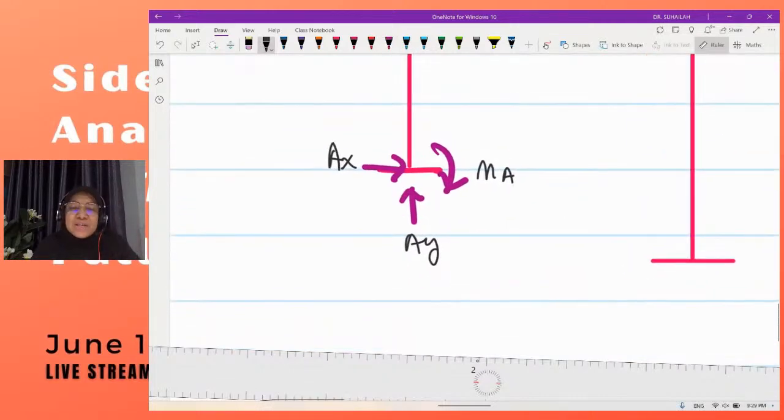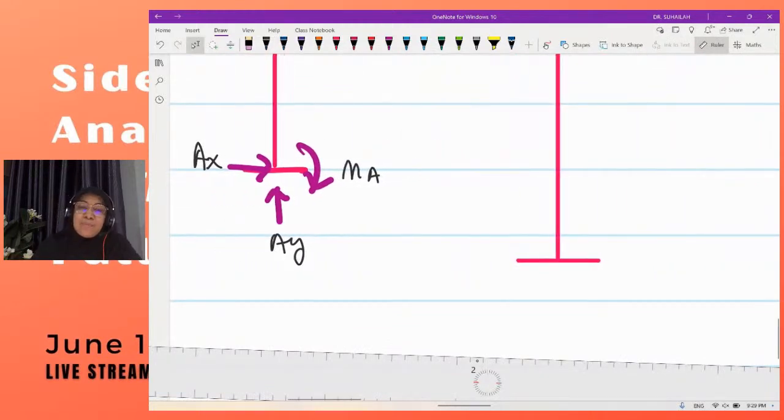Okay, reaction at the support. So we do the same for D. The direction of AX and DX is up to you, it doesn't matter. You can put both to the right, both to the left, or one to the right and one to the left.